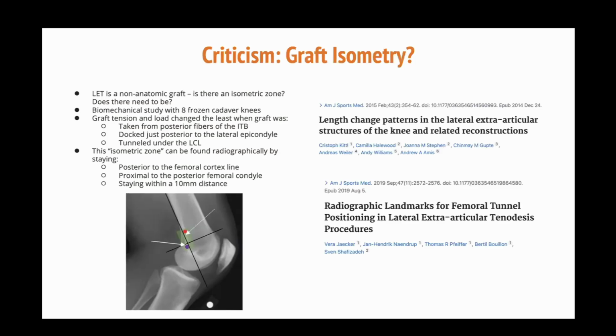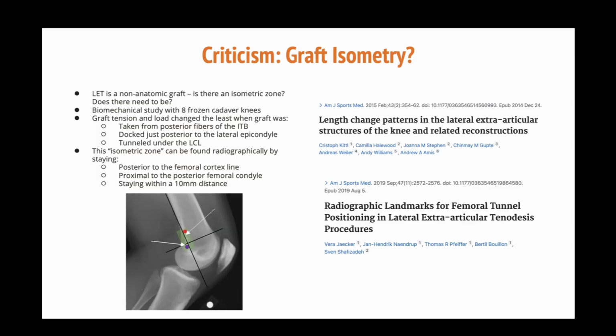Finally, we could talk about graft isometry. The LET is not an anatomic graft. So is there an isometric zone, and does there need to be? I think we don't really know, but certainly it has me a little bit skeptical. There have been some attempts to define an isometric zone on the femur that you can place this graft into.